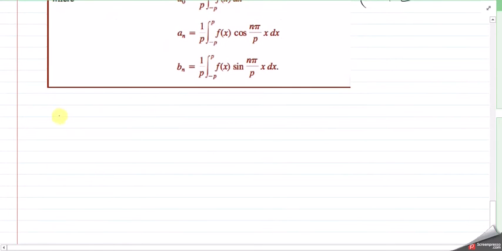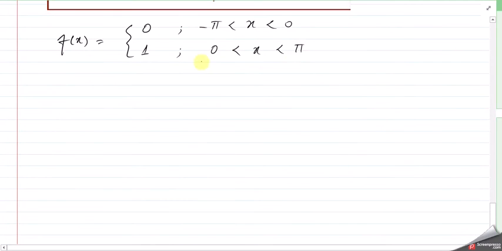F of x equals 0 when x is between minus pi and 0, and it is 1 when x is between 0 and pi. As we can clearly see, the function is not continuous at 0, but still we can expand the Fourier series for the function.